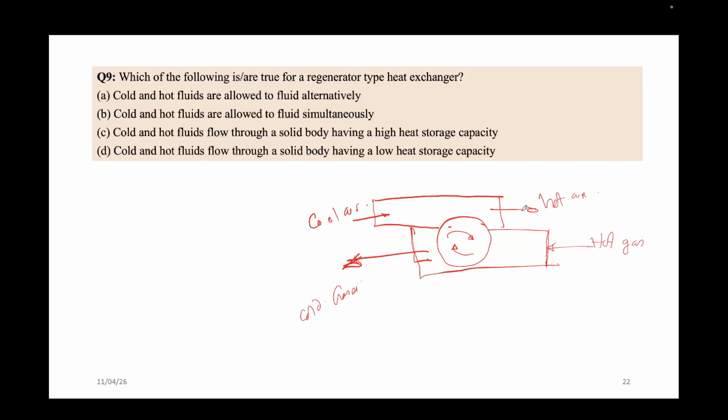Yes, actually there should be a temporary storage body, so it will not be a direct heat transfer. So that is the fundamental difference.